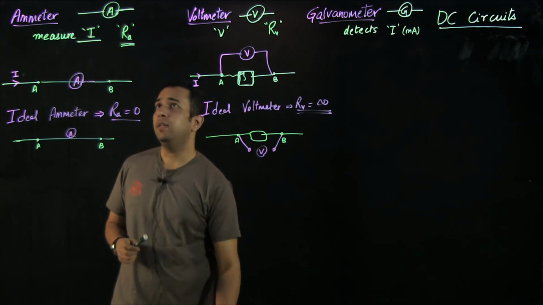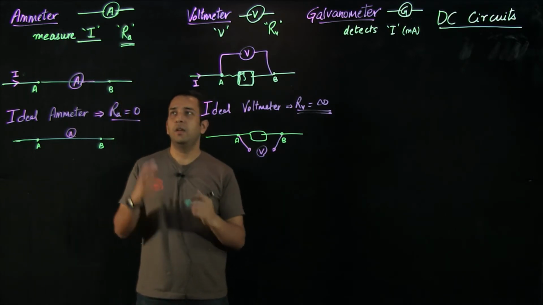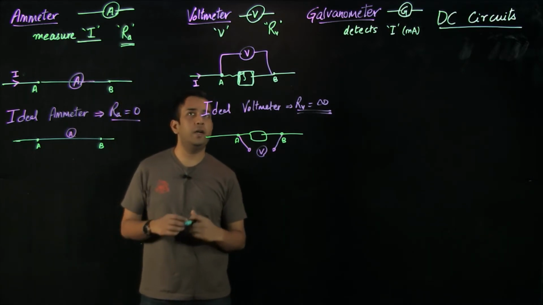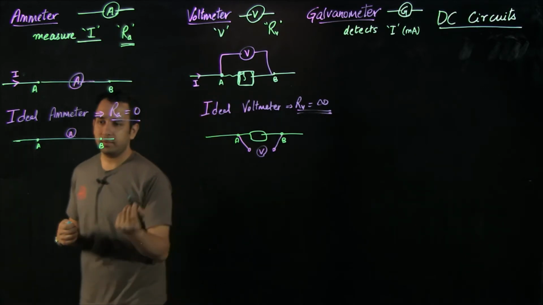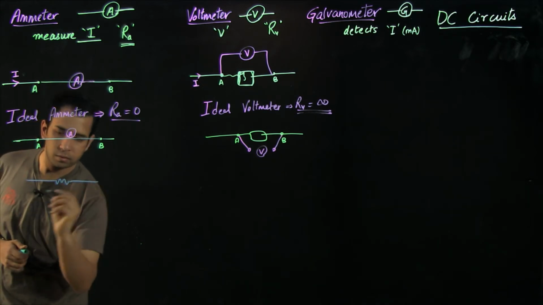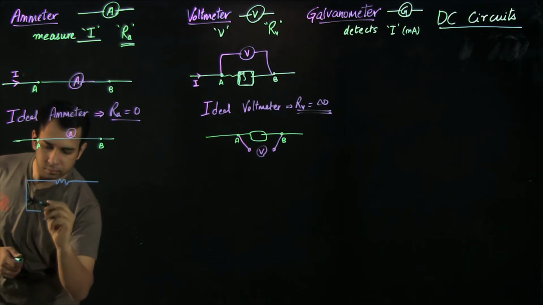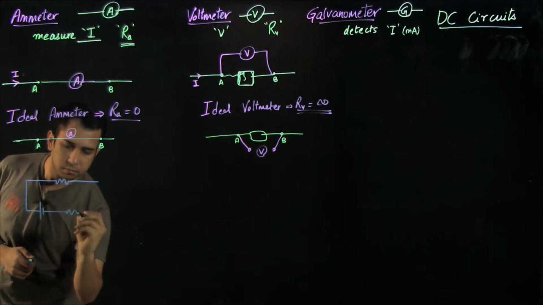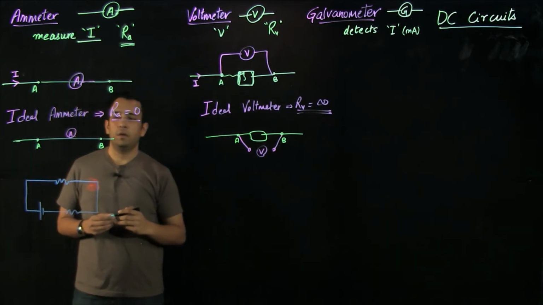Next thing I can see is, let's say the ammeter or voltmeter has some finite resistances. So in case of an ammeter, it's not 0, and in case of a voltmeter, the resistance of it is not infinity. So let us take an example. So this is a circuit which is given to us.